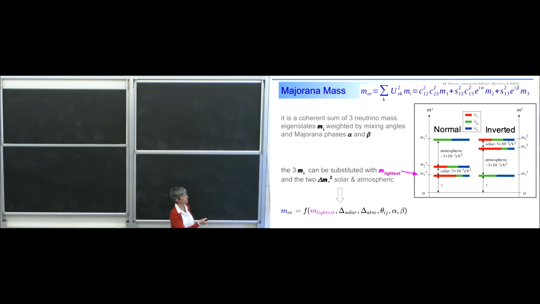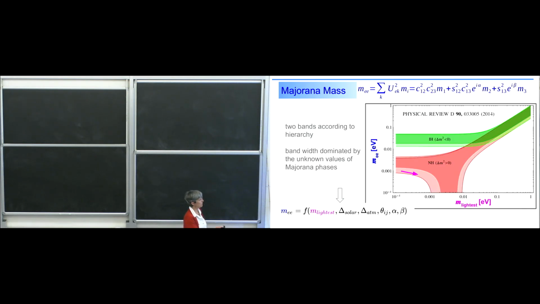So the idea is the following. We have a Majorana mass parameter that is given by this relationship. Here you have three mass eigenstates as parameters, and we know their differences. They are square differences. So we can rewrite this relation on a different basis. And this is just to come to this plot that I will use.